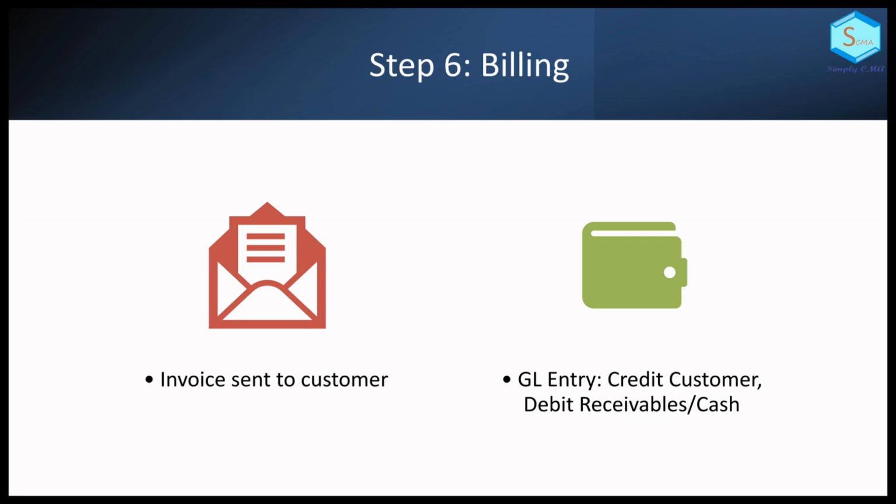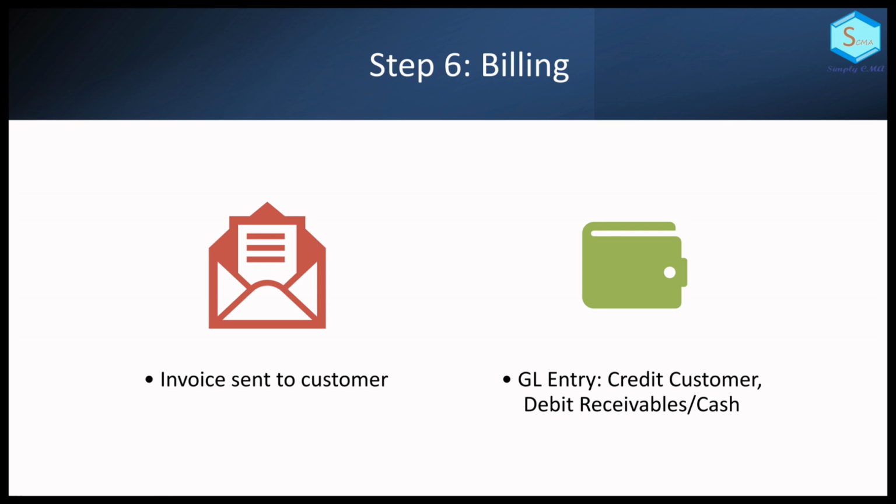The accounts receivable or cash account is credited depending on whether it is a cash sale or credit sale. So this closes the entire loop from the initial inquiry to the final cash collection. Here the transaction is completed in the O2C process.